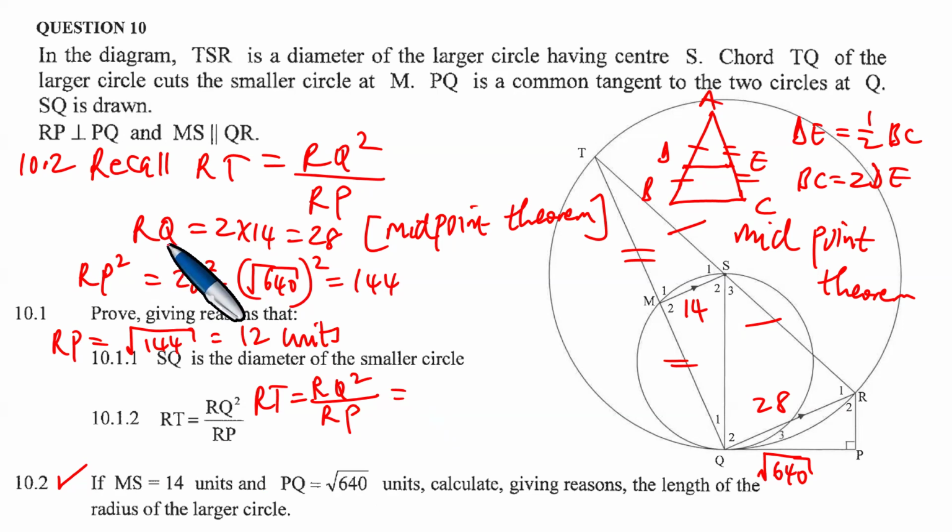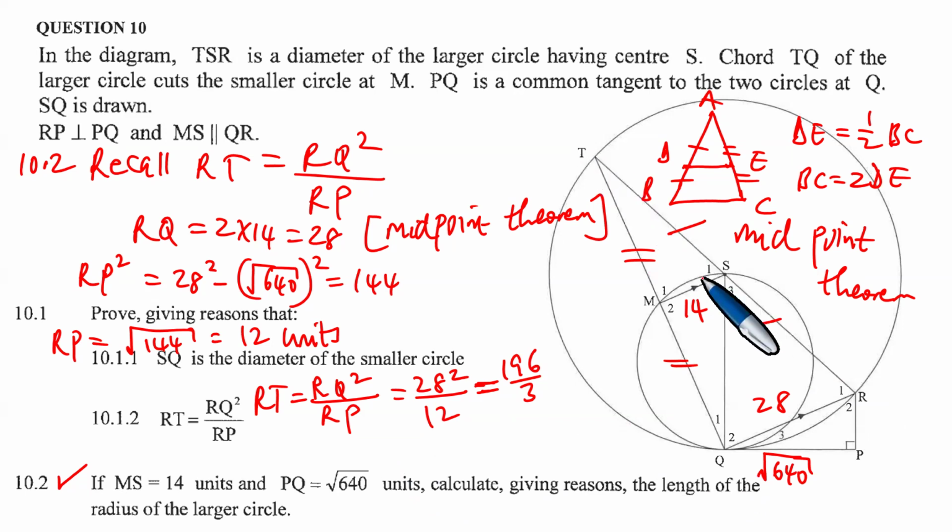RQ is 28 squared over RP, which is 12. If you simplify, it's 196 over 3.